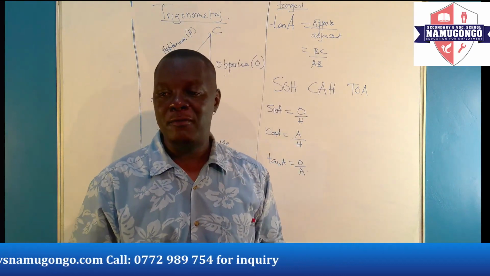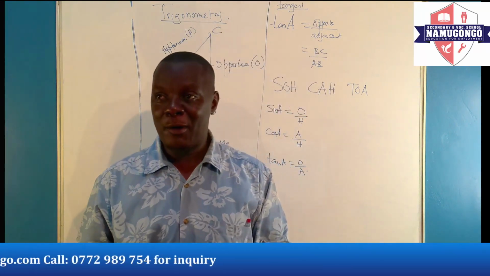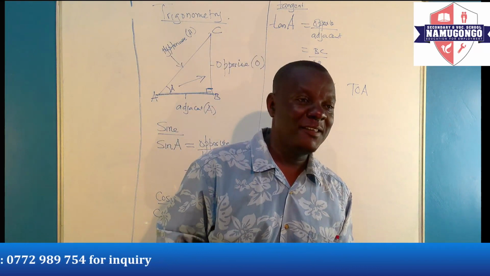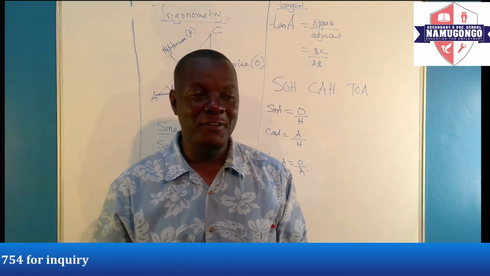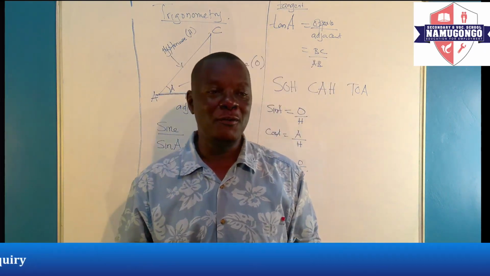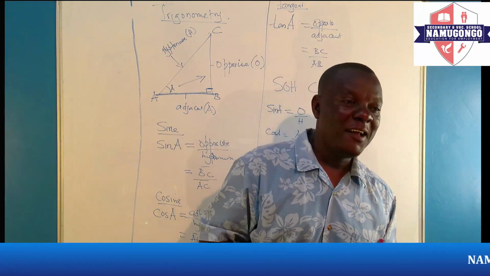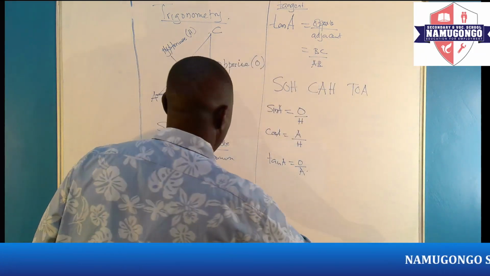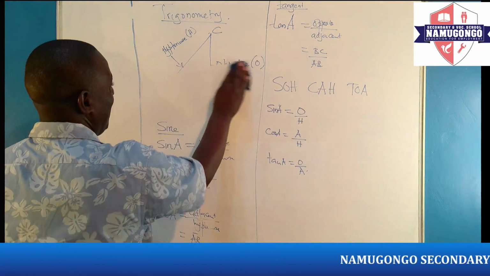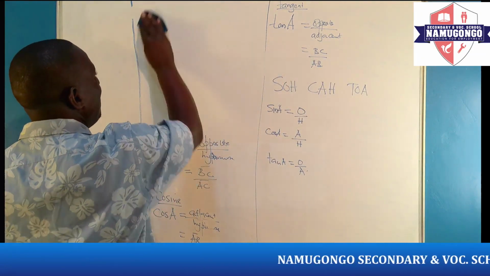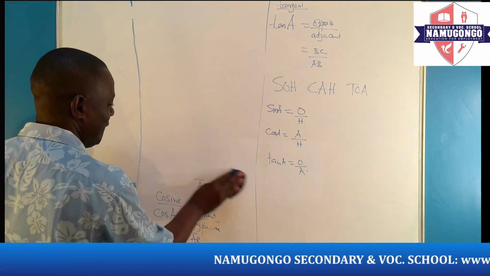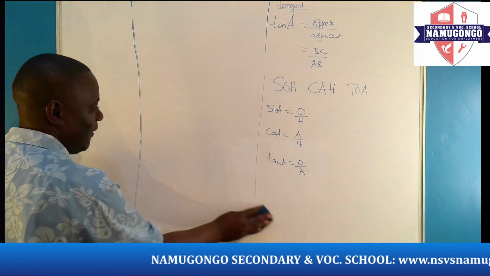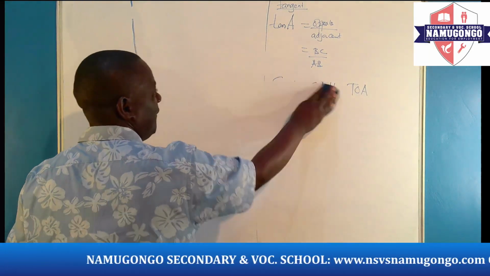We are going to have our examples. I've prepared for you a number of examples. And the first one is again on the right angled triangle. Let me first clean this board.